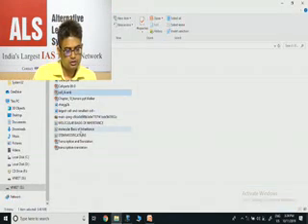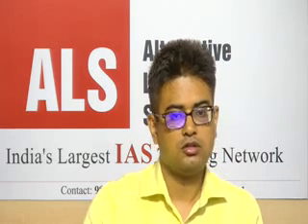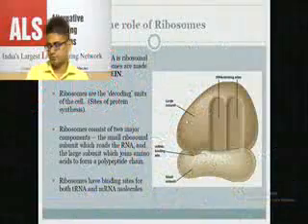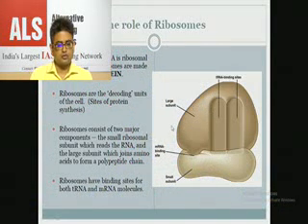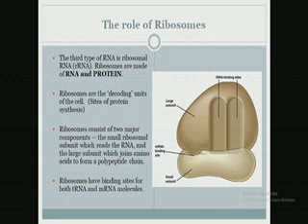For example, let me show you one. Just a second. Okay. So, yeah. This is a structure of ribosome. Small subunit is like this, large subunit is like this.